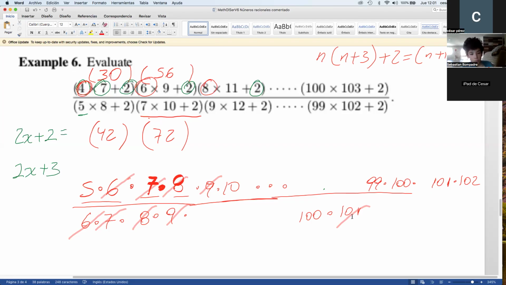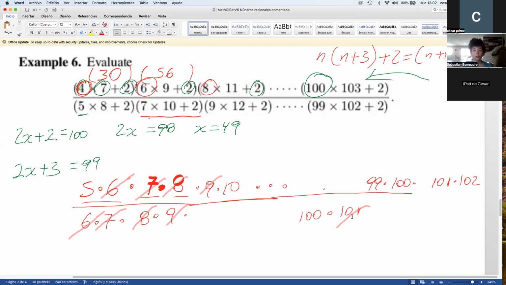Because we are using 100, if we simplify, we will have 2x equals 98, x equals 49. We have 49 factors here. And here we will reach 99. So 2x equals 96, x is 48.